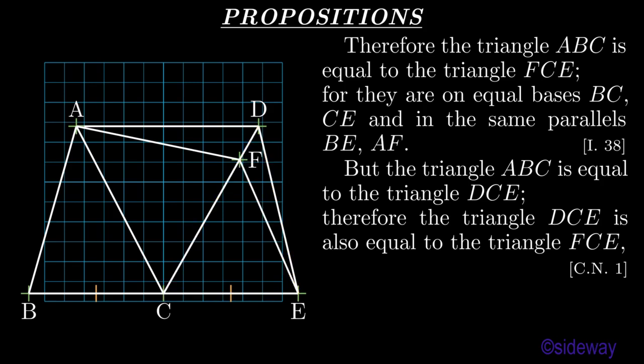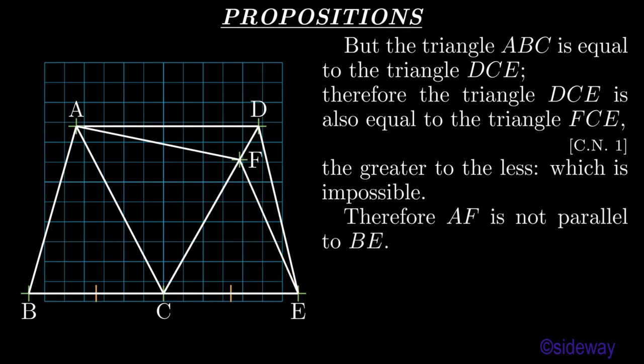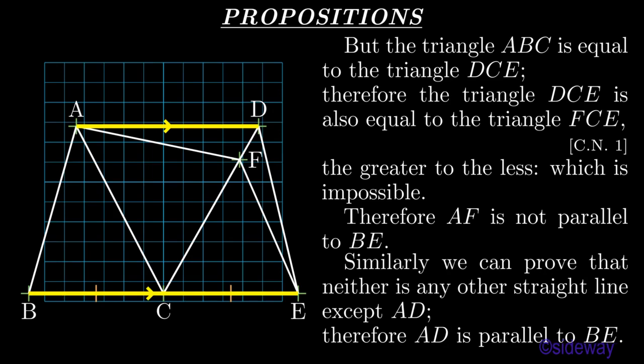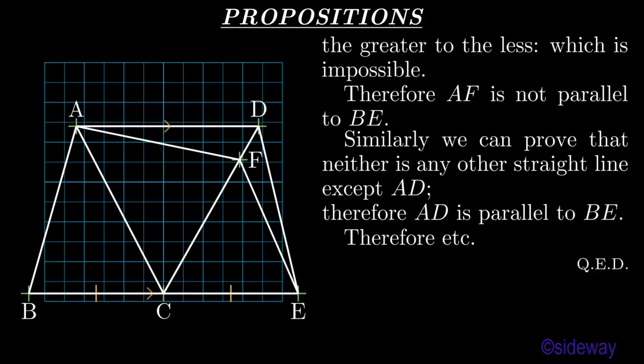By Book 1 Common Notion 1. The greater to the less, which is impossible. Therefore AF is not parallel to BE. Similarly, we can prove that neither is any other straight line except AD. Therefore AD is parallel to BE. Therefore, etc. What was to be shown.